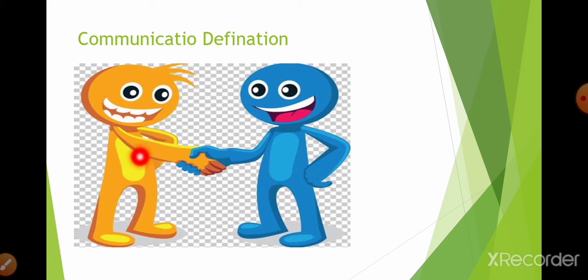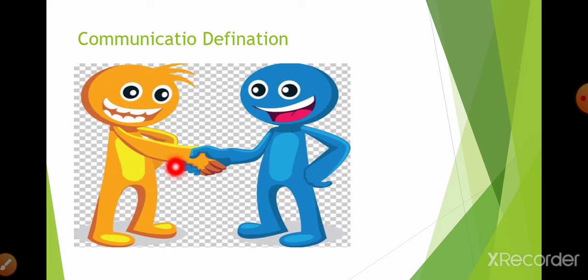But suppose this yellow person is Tamil and this one is Marathi, so can they understand each other's language? No. They must understand each other's language. So in communication the transmission must be meaningful, it must be understood by the transmitter and the receiver.